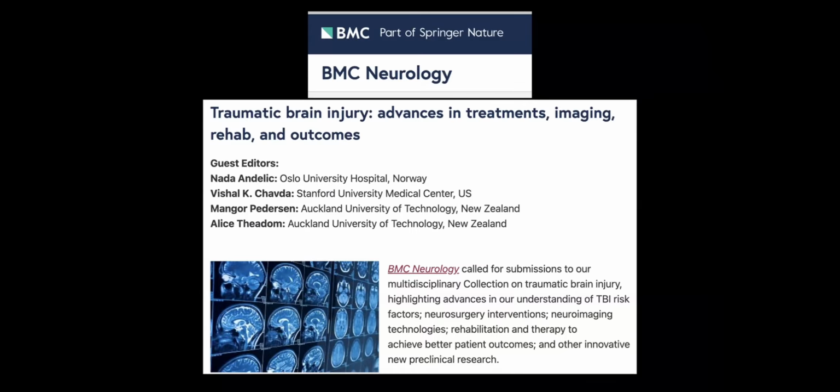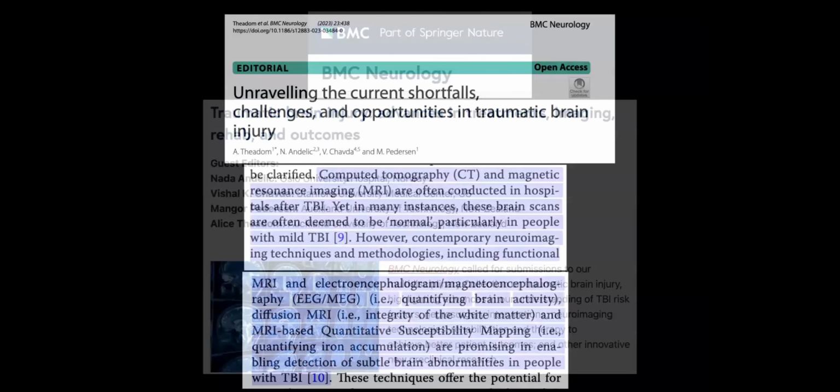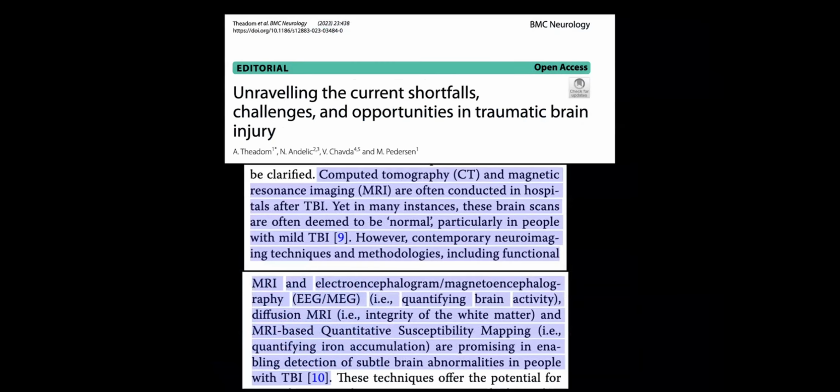And so they come at it with a very impartial perspective in terms of their interests. And that's important to note because, again, we can see that the understanding of traumatic brain injury does require advanced imaging and related insights. And so they had an opinion editorial that they wrote kind of to introduce this special issue. And I'm just going to read this to you.